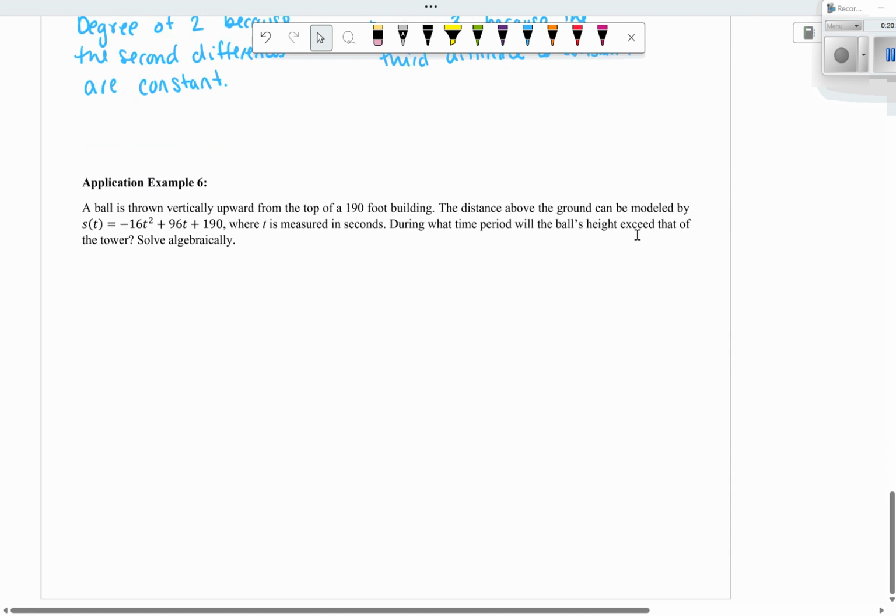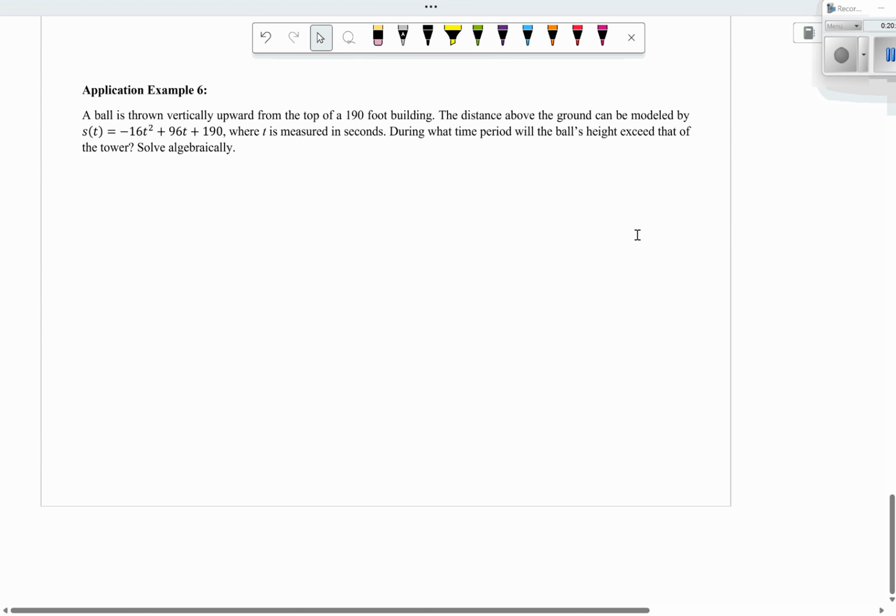All right, the last one we're going to look at is an application. So this says a ball is thrown vertically upward from the top of a 190-foot building. The distance above the ground can be modeled by this equation S of t right here, where t is measured in seconds. During what time period will the ball's height exceed that of the tower?